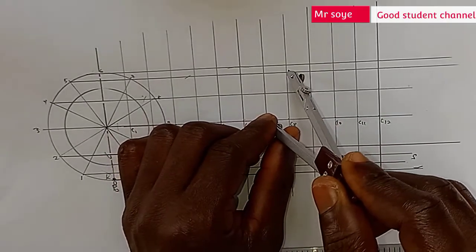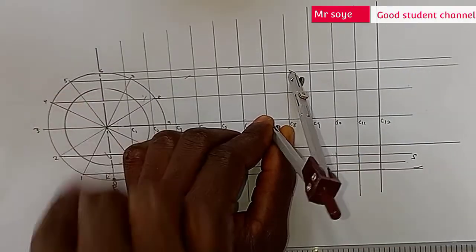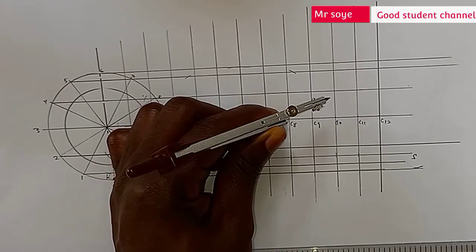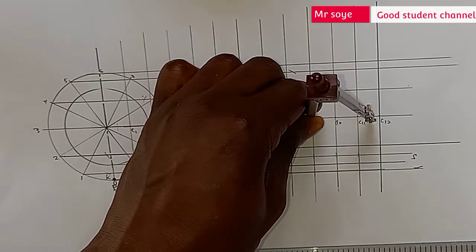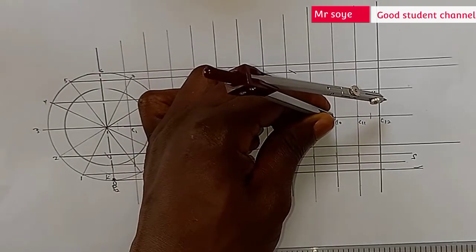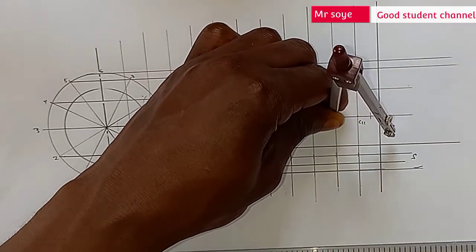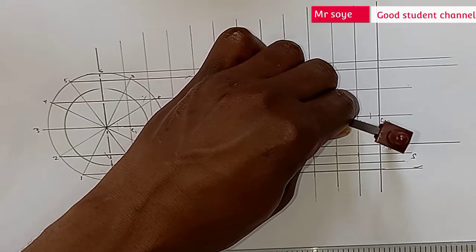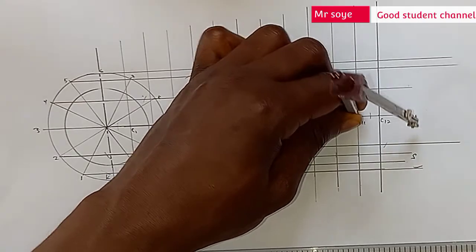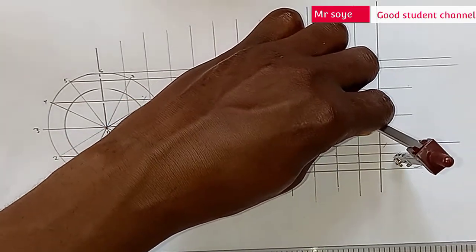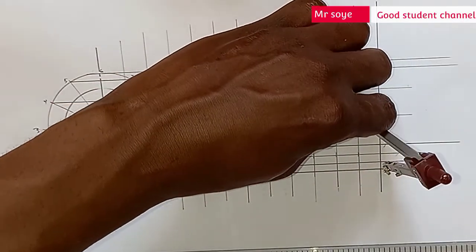It's coming down to mark. This is line 7. You can see the line passed through 5 and 7. Then at center 8. Center 9. Center 10. Center 11. Sorry, 11 is coming here.